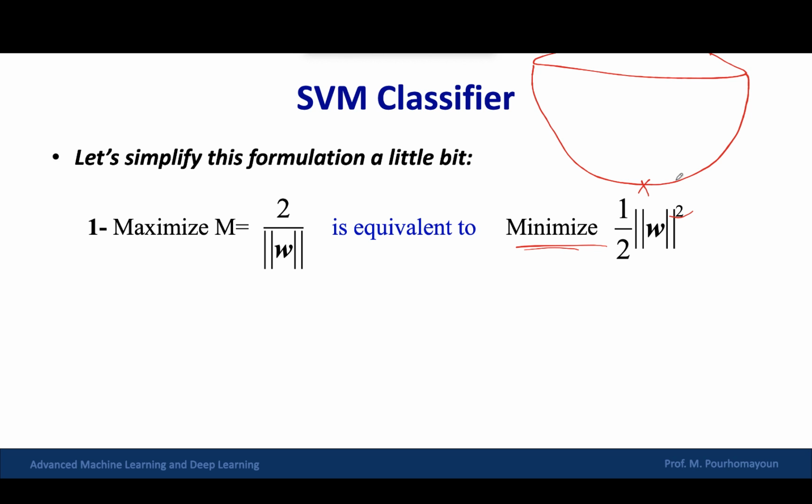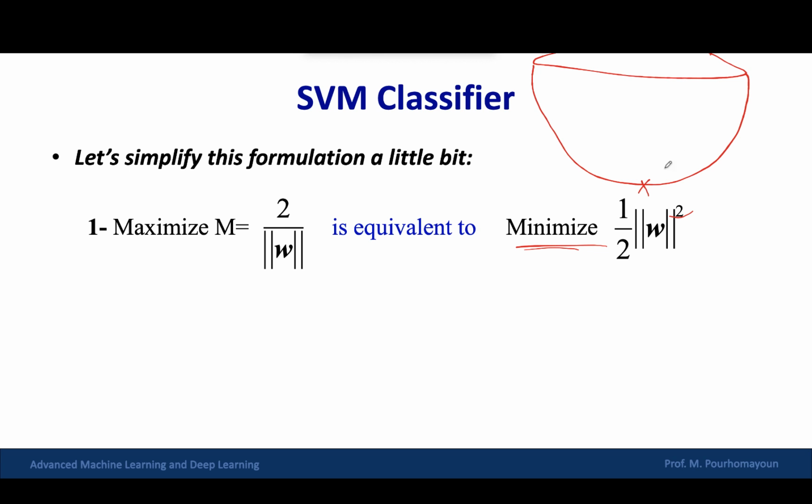There are many different techniques to do that. For example, in artificial neural networks or logistic regression, we used gradient descent. For this problem, we are going to use Lagrange multipliers, but it's all optional. I'm not going to talk about all details. The only important thing that you need to know is that it is a convex function, and there is a minimum for that, and we can find it.